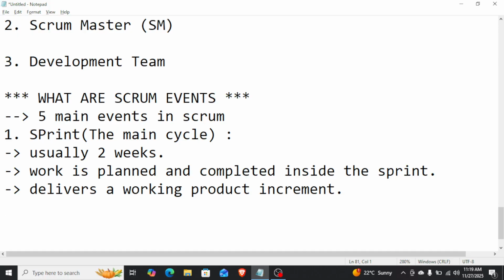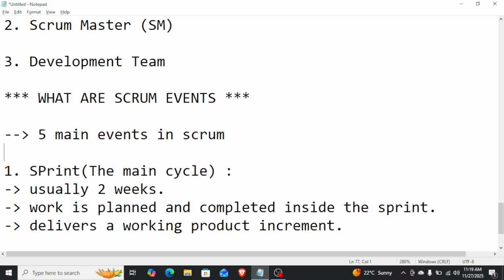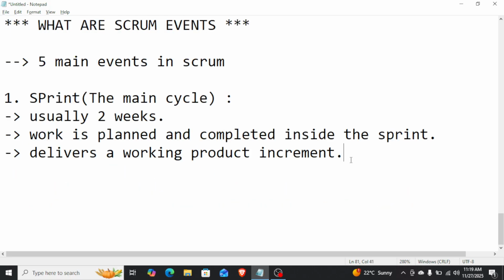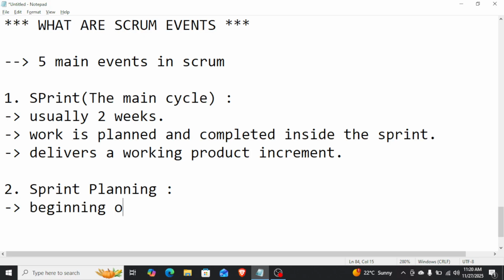And the second event is sprint planning. Sprint planning happens at the beginning of each sprint.